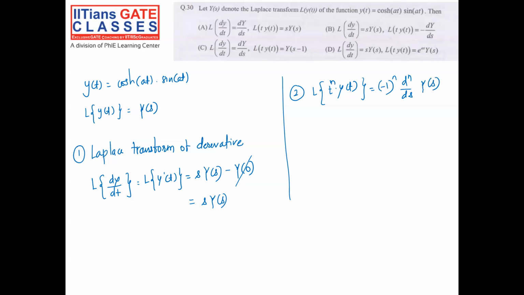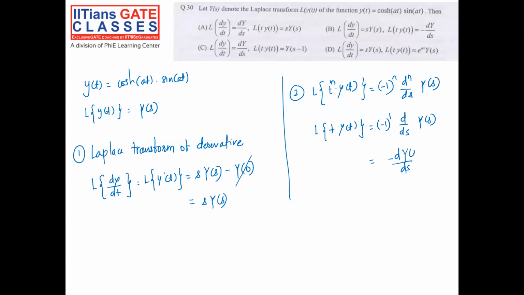In this case, n is equal to 1. So the Laplace transform of t into y of t would be equal to minus 1 raised to the power 1 into d by ds of capital Y of s. So we can write it as minus dY by ds.